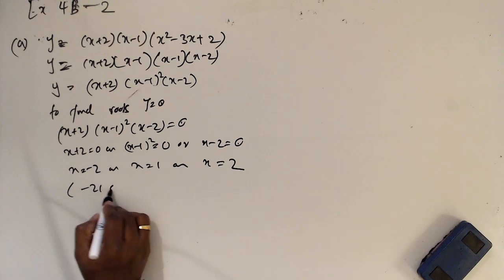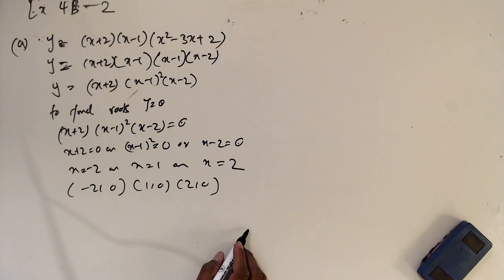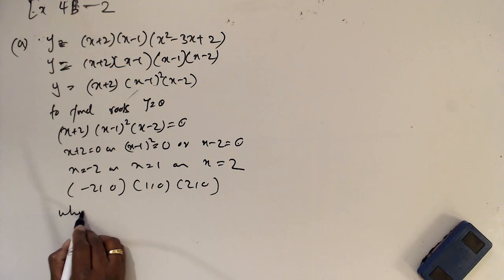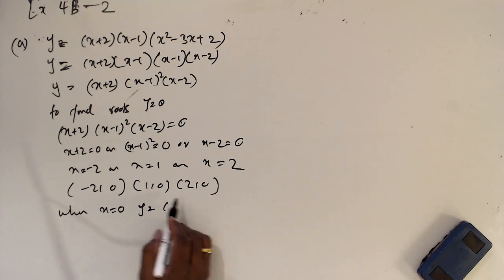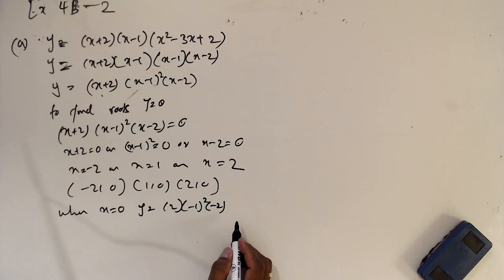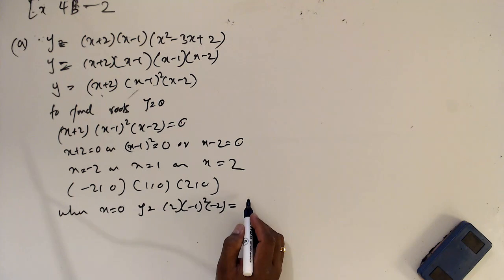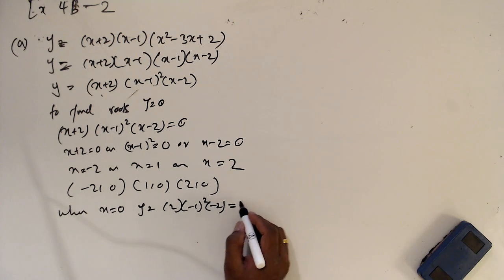So (minus 2, 0), (1, 0), and (2, 0) are the roots. Now, when x equals 0, I'm going to substitute here: 2 times (minus 1) squared times minus 2, which is minus 4.